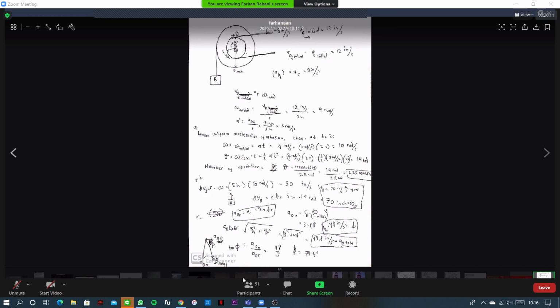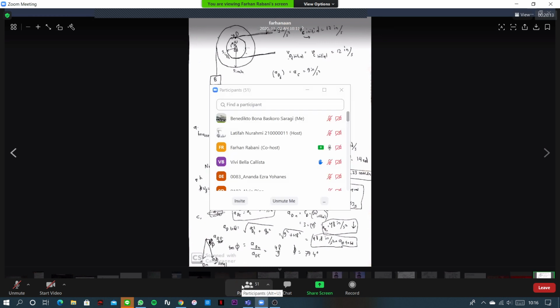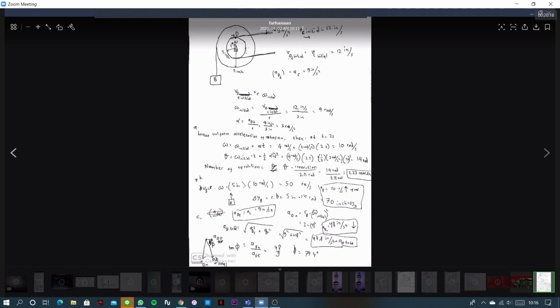The last question is, how do we get the acceleration of point D at time 0? First, we already have the tangential acceleration of point D, which is the same as point C's acceleration, 9 inches per second squared. And then we find the normal acceleration, which points to the center of the circle.